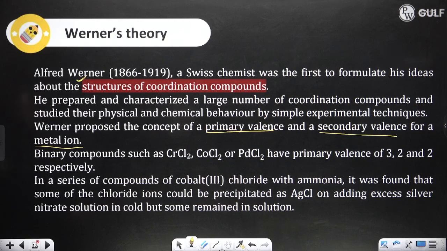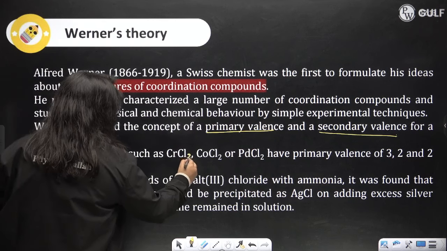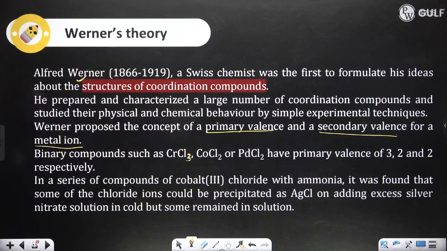In a series of compounds of cobalt, cobalt(III) chloride with ammonia, it was found that some of the chloride ions could be precipitated as AgCl on adding excess silver nitrate solution in cold, but some remained in solution.